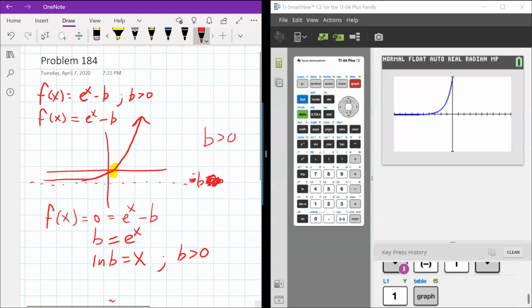Now if I looked at the derivative of f of x, of course the derivative of a constant is 0, so we just get e to the x. Okay. Now e to the x is always positive for any real number.